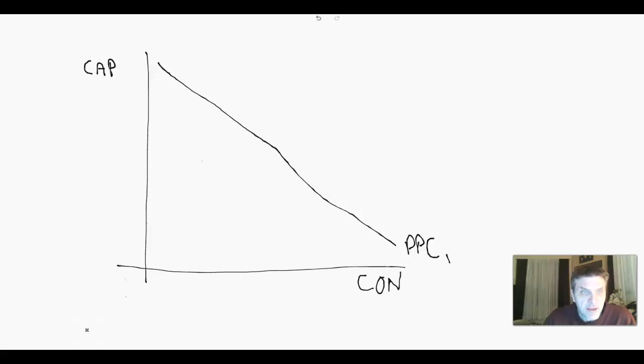So what I did here is I just took the liberty of drawing the diagram as it should have looked. You were just asked to draw a PPC. The PPC, in this case I have it labeled PPC1, should have been a curve that reflects constant opportunity costs, which means that it is a straight line, as opposed to the ones that are bowed out to the origin, the curved ones.